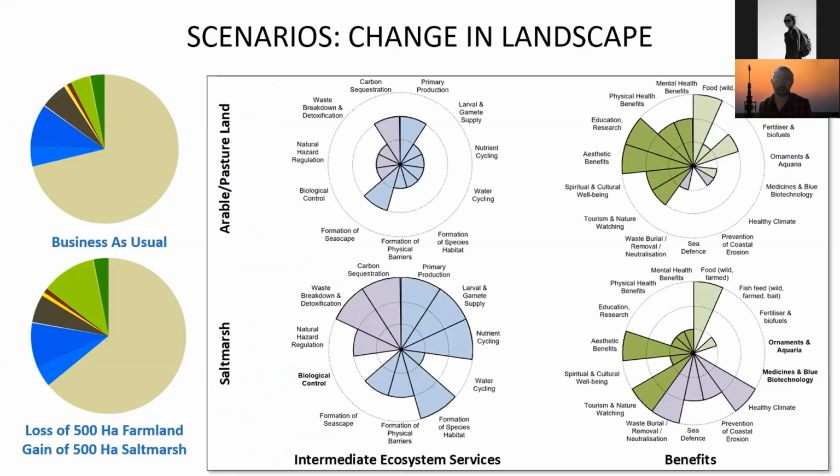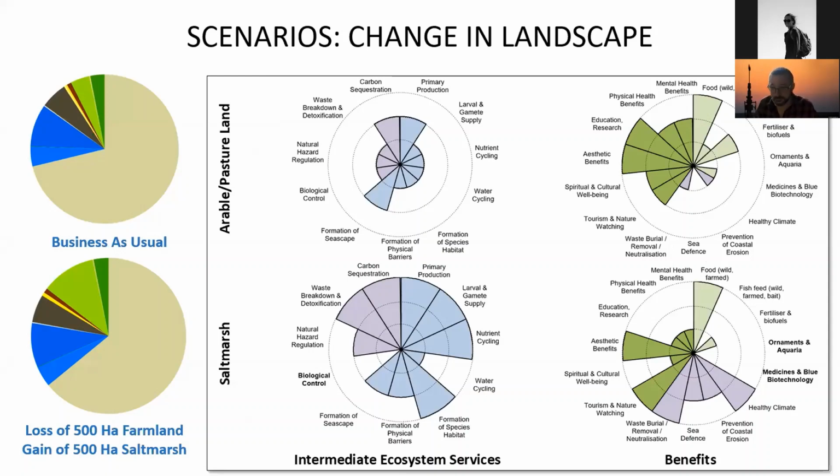Again, the same process. What we found challenging here was that in the matrix, we didn't have the quantitative assessment of the contribution of arable farmland or pasture land, what services and benefits they provided. So we essentially had to work with the stakeholders to score the confidence and levels of importance of the contribution of that benefit.